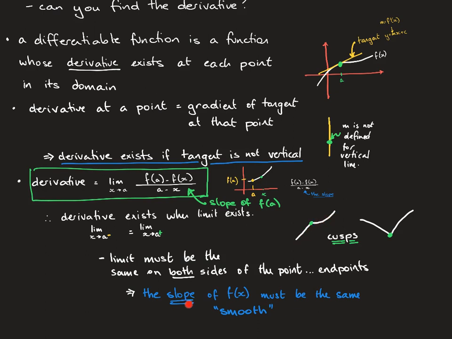And if the slope of the function is the same on both sides of that point, then the function will be what we refer to as being smooth, so that there will be a nice smooth change from sloping up to sloping down, or sloping down to sloping up, not a sharp point. Although in some situations, we'll look at in a minute, one that looks pretty much exactly like this, the derivative does exist because the slope approaches the same value on either side. Let's investigate that a little bit more.